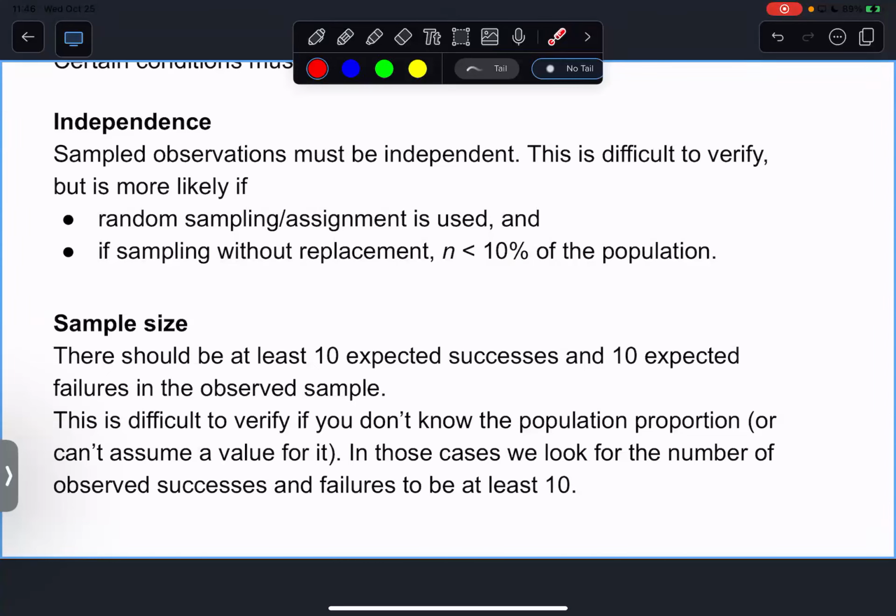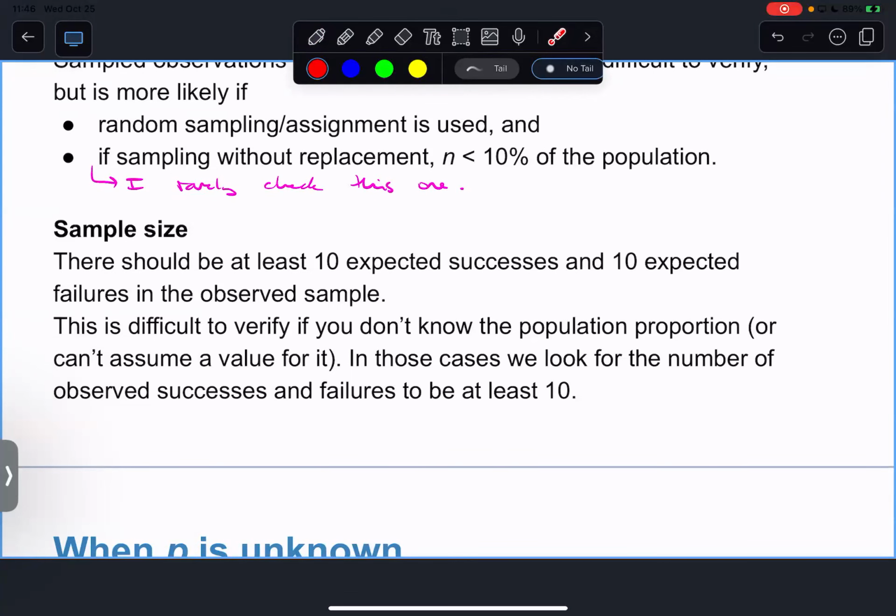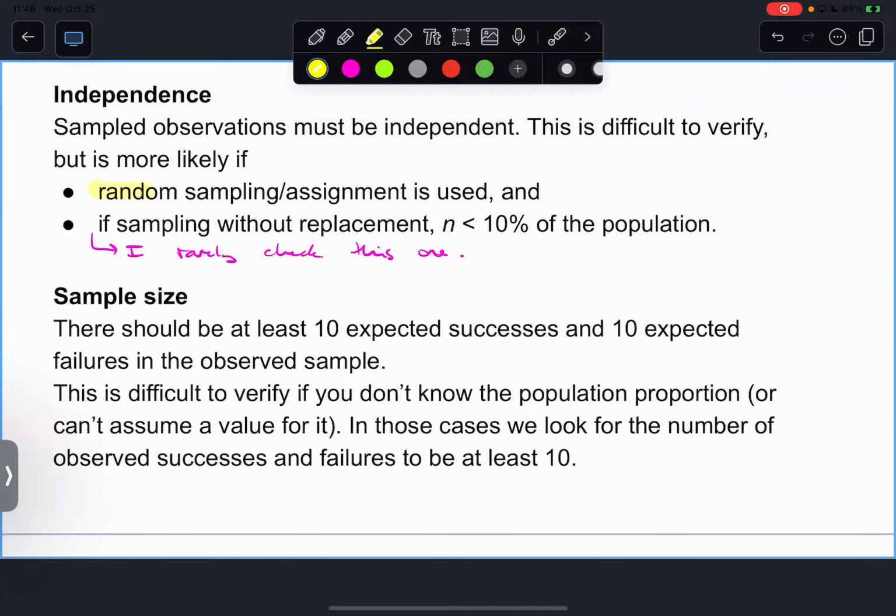And so that's the problem. I rarely check this one, because for us, as long as the sample size is big enough, then we're happy. We never have to worry about having too large of a sample. That seems really kind of cushy. So the one that I check is, was the sample randomly sampled? Then I can assume independence.